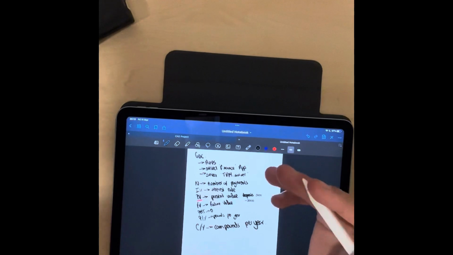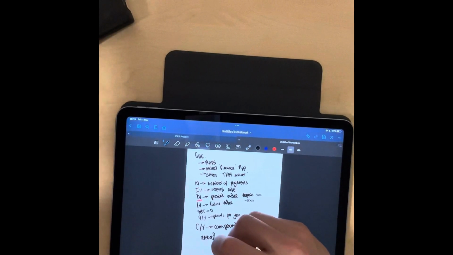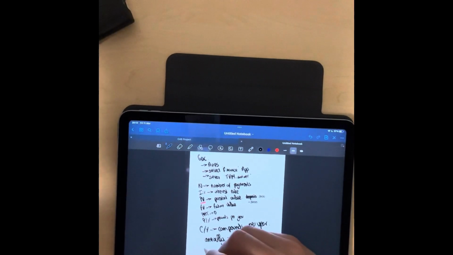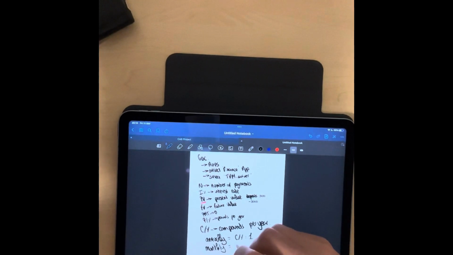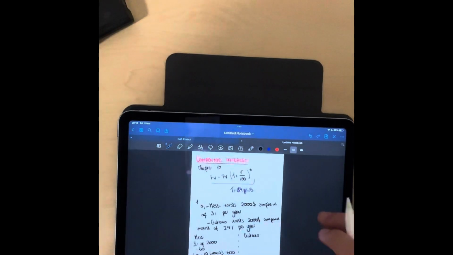If it's compounded annually, you would write CY equals 1. If it's monthly, you would write CY equals 12. Okay, simple. All right, so let's come back to our example.